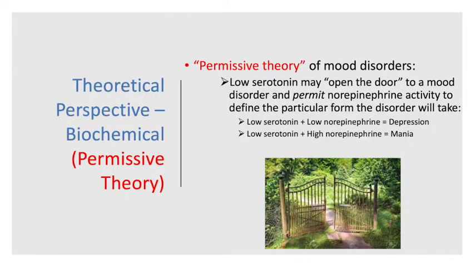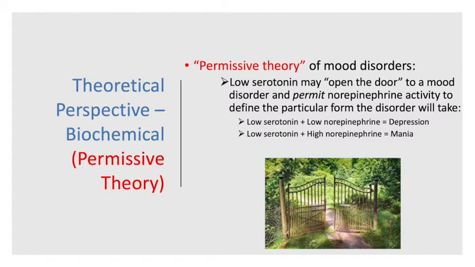There have been several other biochemical models or biochemical theories as to why people develop something like bipolar or unipolar depression. One theory that kind of combines theories of both, if you will, or at least attempts to account for both bipolar and unipolar depression, is something called the permissive theory of mood disorders.